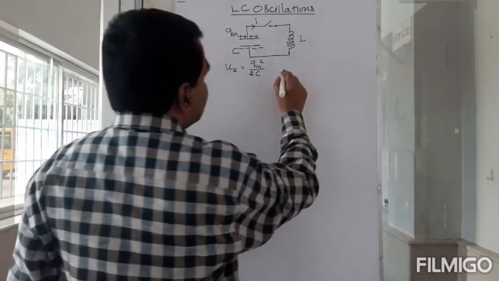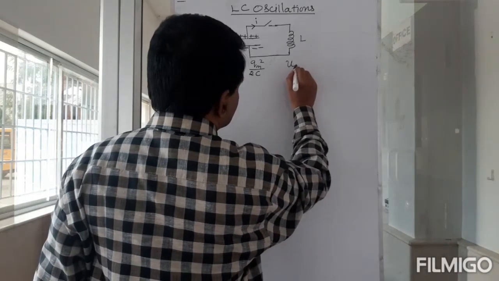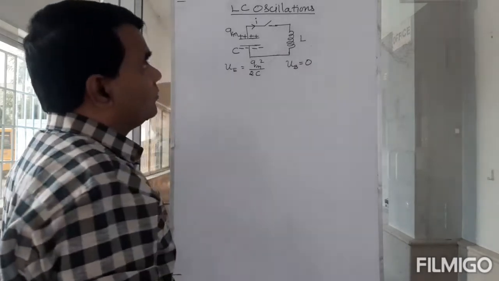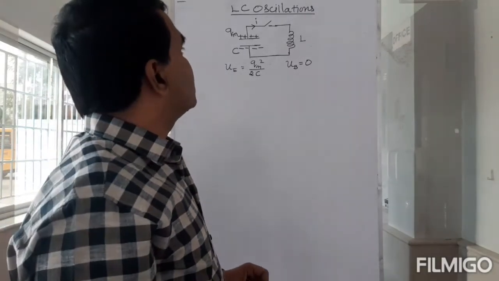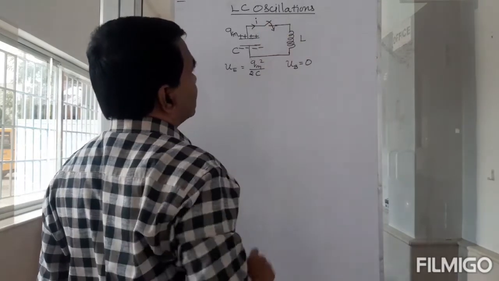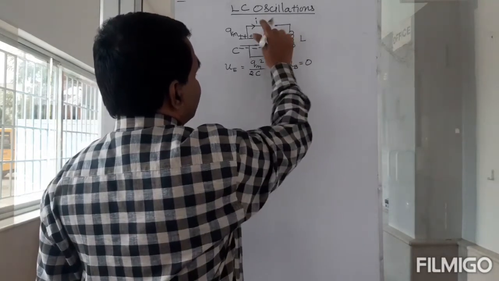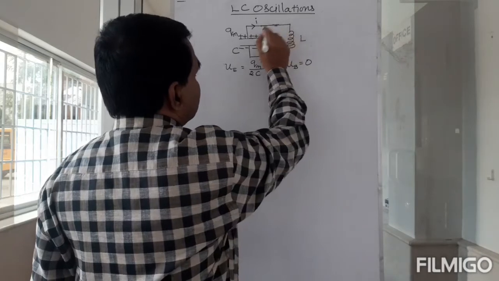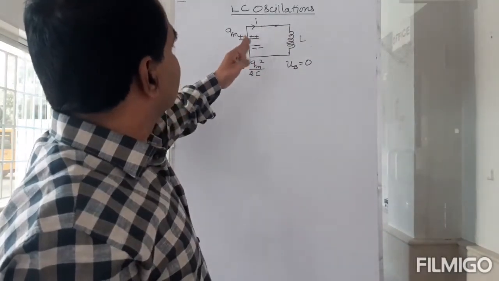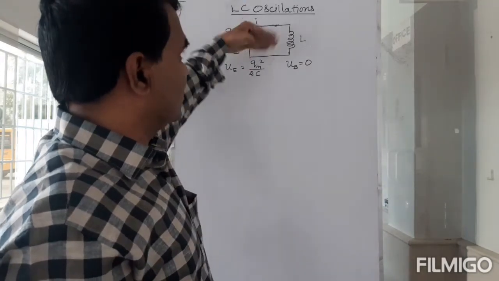So in the beginning, the energy in the inductor will be equal to 0. Okay. So now you are closing the circuit. When you close the circuit, it becomes a closed loop and the capacitor will start discharging this charge.